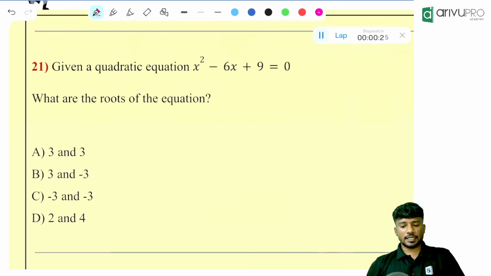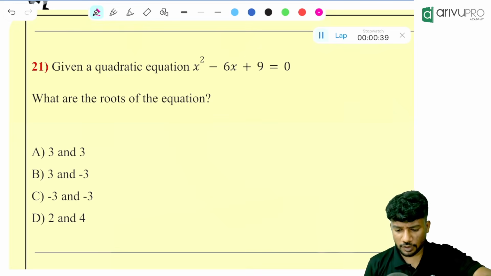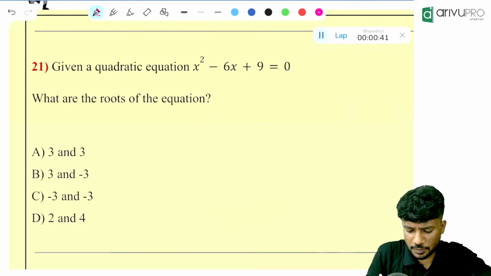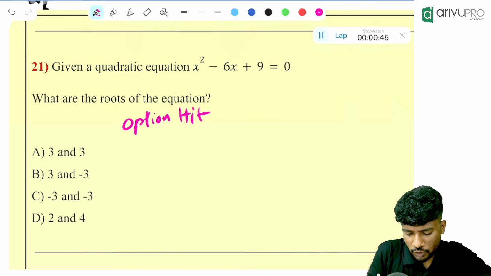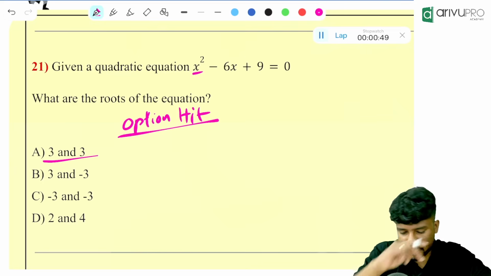Given a quadratic equation, x square minus 6x plus 9 is equal to 0, what are the roots? Now, the easiest way is to option hit. You are going to option hit with the first option. That means instead of x you are putting 3.